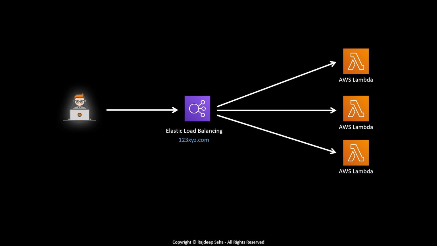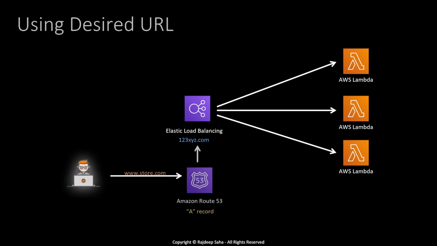But what we are trying to do is access this load balancer with a desired URL such as www.store.com. So you will create an Amazon Route 53 DNS entry, an A record specifically, where any traffic coming to www.store.com will be forwarded to this load balancer.